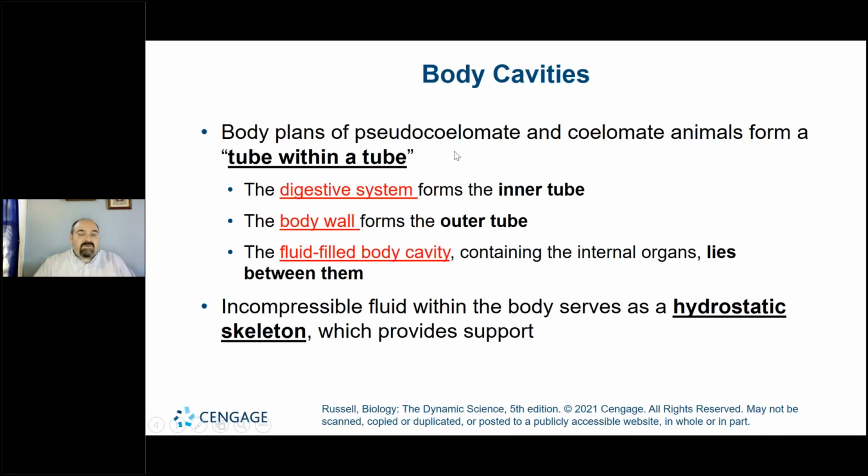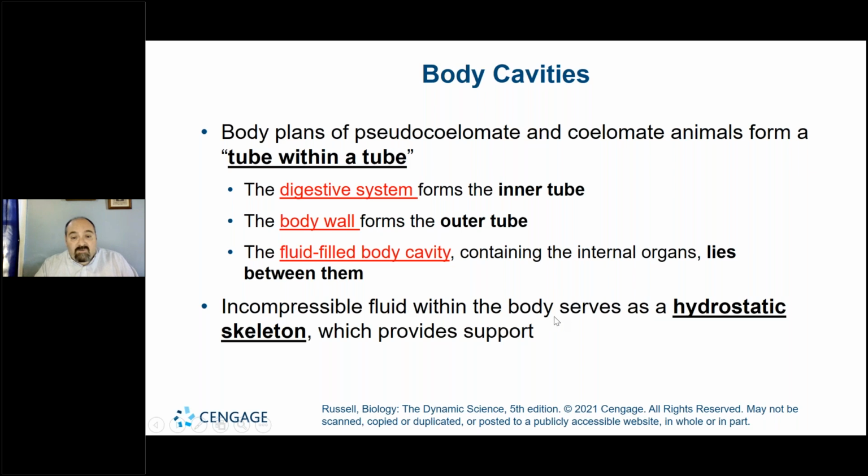So this tube within a tube, these body cavities: the digestive system forms the inner tube, the body wall and outer coverings form the outer tube, and a fluid-filled body cavity lies between these tubes. And again, the complexity of the tubes and their structures, as development goes on until birth occurs, is just remarkable.